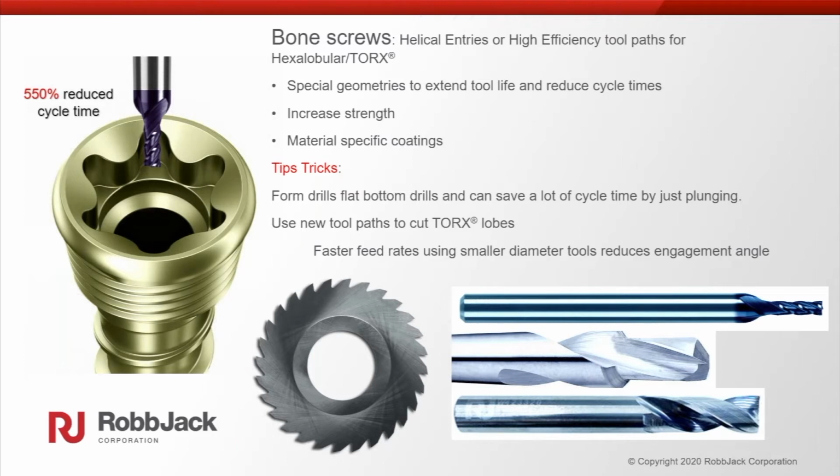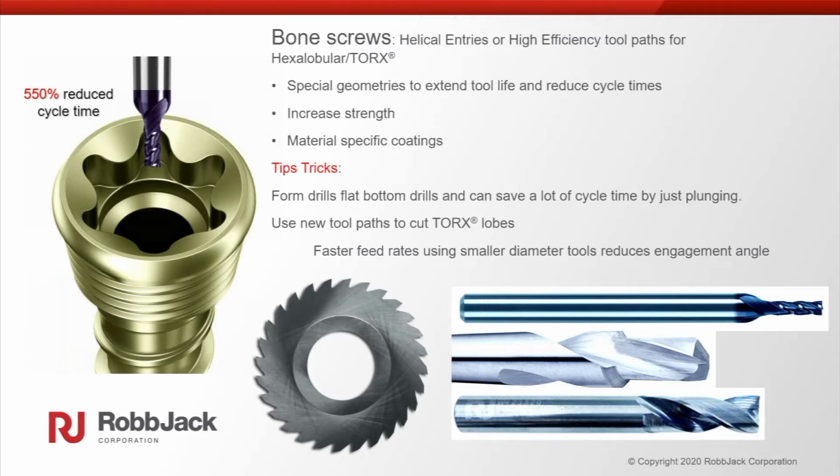We were able to increase the strength of the tool, and we were able to use specialized coatings. All that together, as well as with the programming, we were able to reduce the cycle time by 550%.